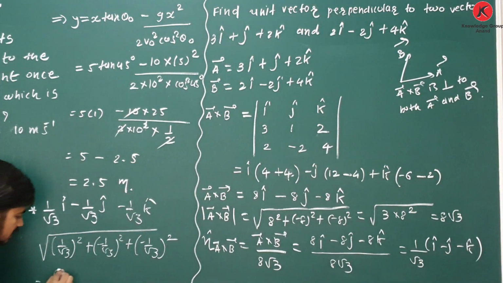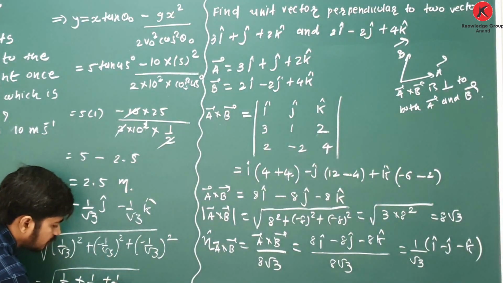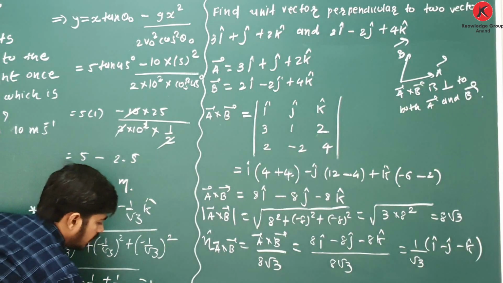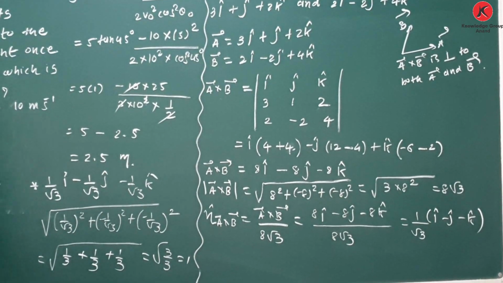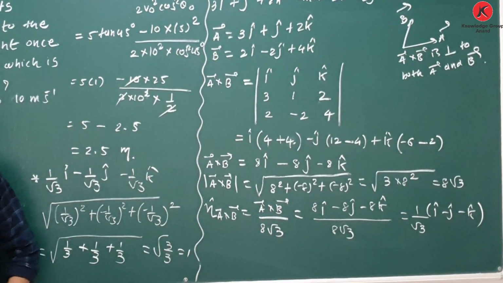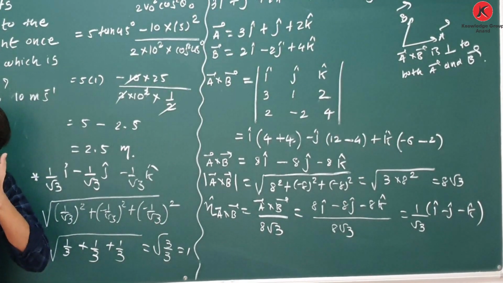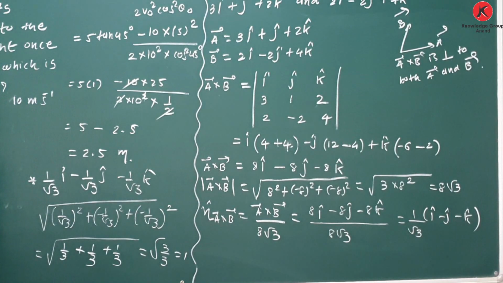Then it is under root of 1 upon 3 plus 1 upon 3 plus 1 upon 3, then it is under root 3 upon 3, and this is equal to 1. So what is the magnitude of a unit vector? The magnitude of a unit vector is 1. So with the help of this method, you can verify it is a unit vector.